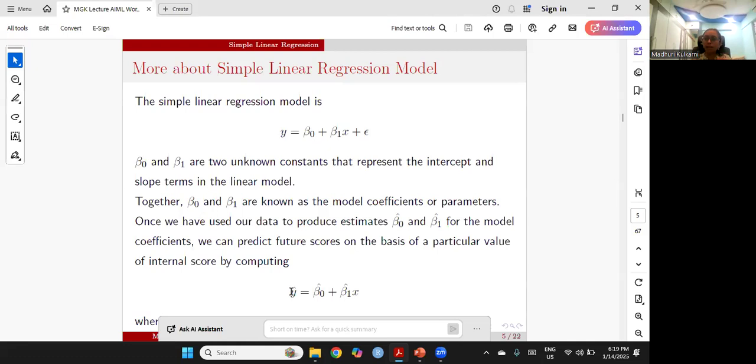That would be my predicted value of the final score of that particular student who had got 65 marks in the internal examination but missed the examination. So, using this model, I can try to find values which are not originally available in the data. This is the interesting part and major application of regression models.